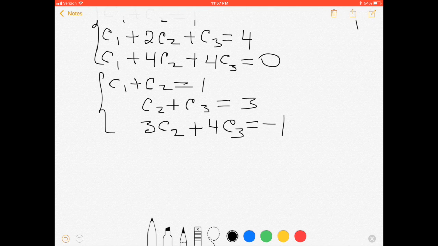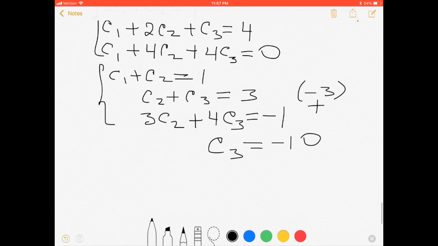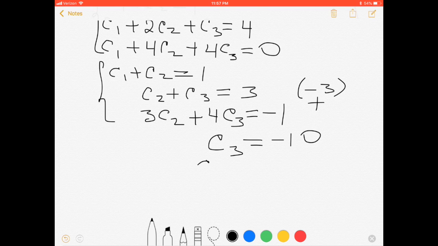Continue solving. c3 equals negative 10. This means c2 equals 13. This means c1 equals negative 12.